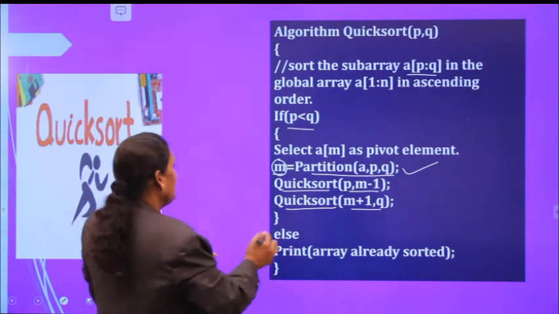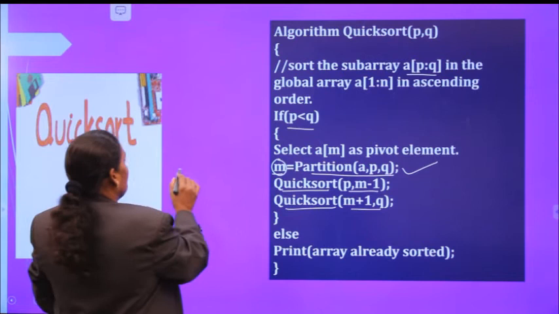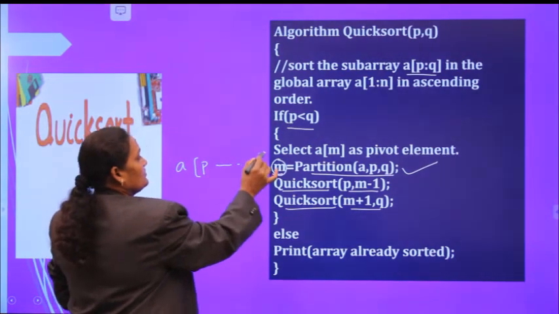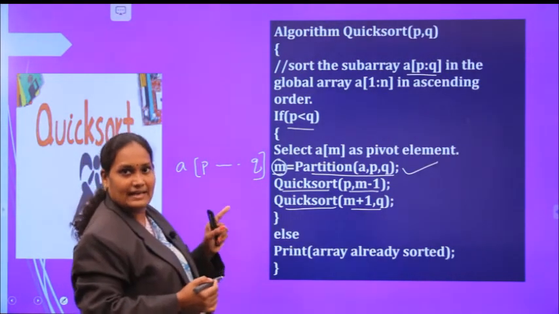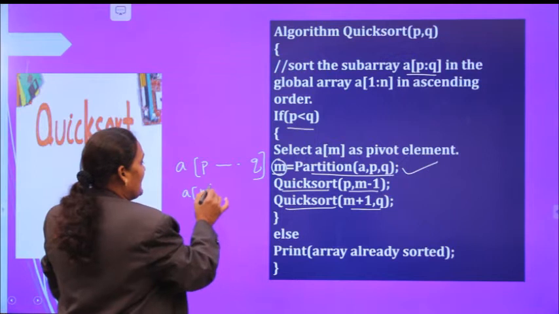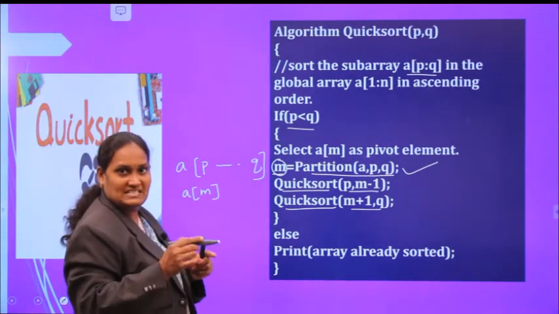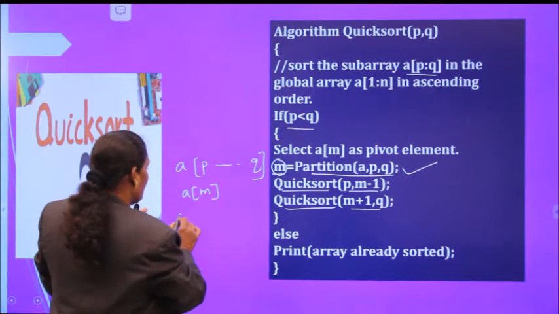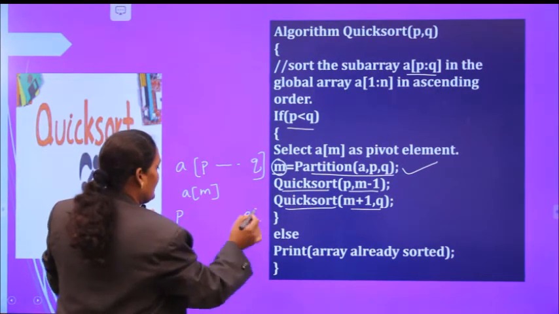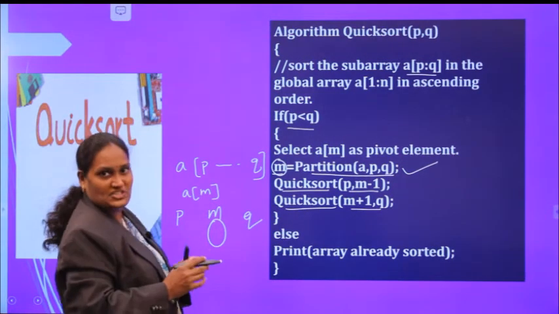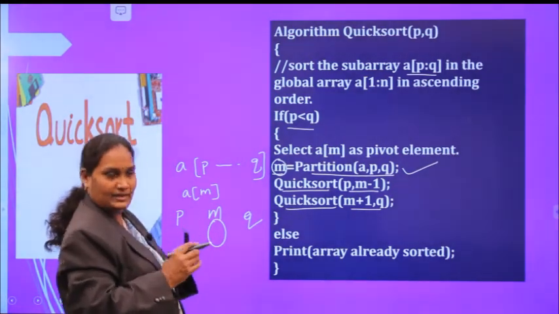Here your array is a p to q. You selected one element as pivot element, which is nothing but a of m. You are going to rearrange the position of the pivot element here.